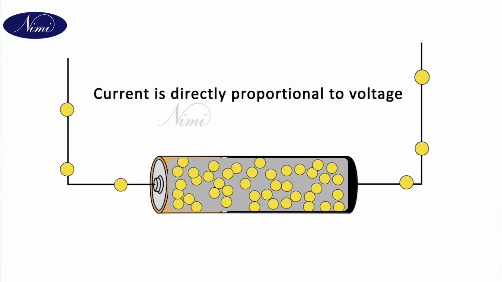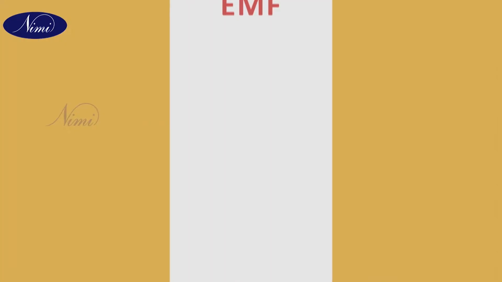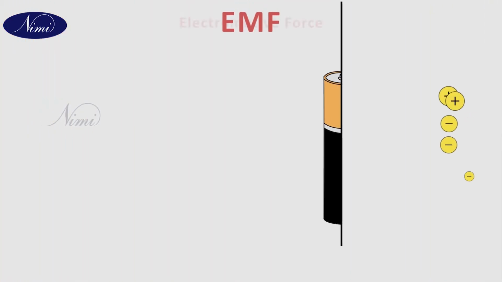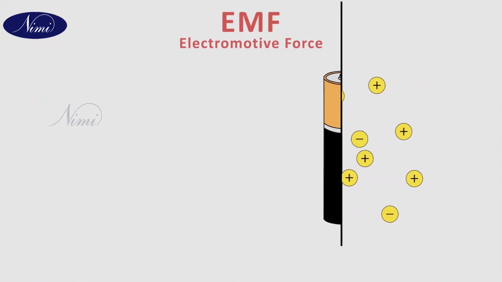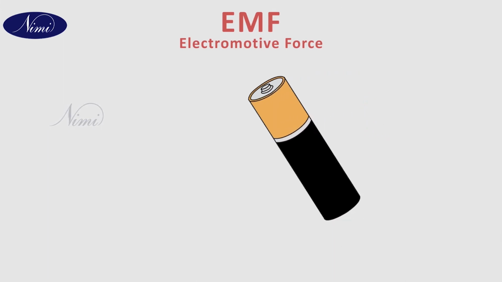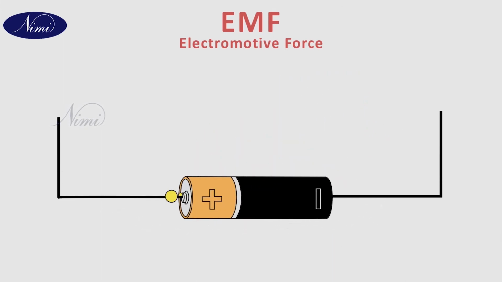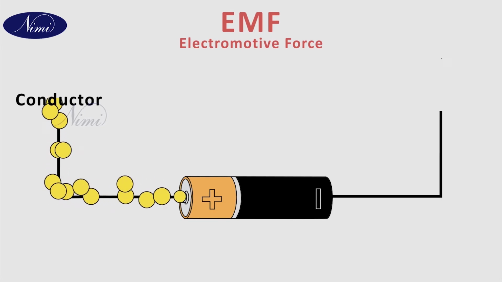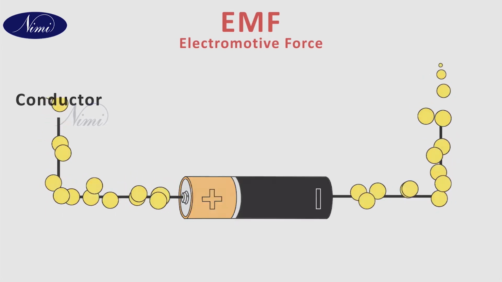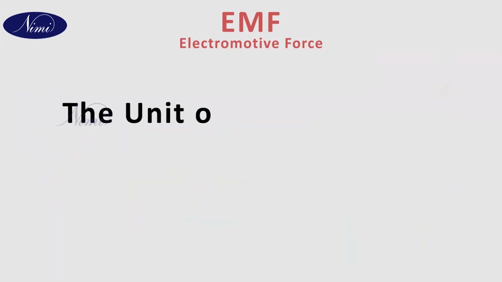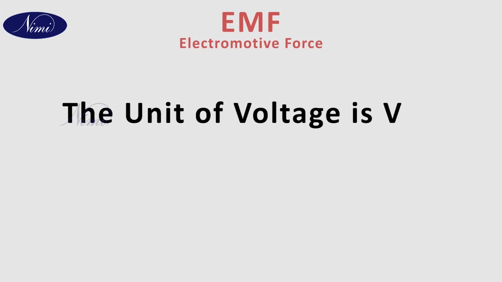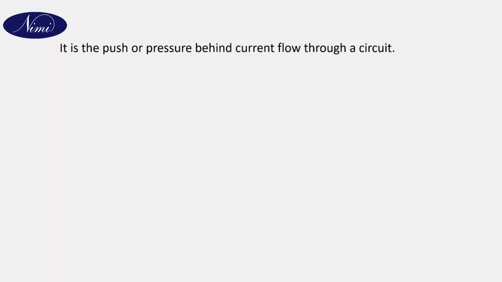Now, let us understand what voltage is. Voltage, also known as EMF, electromotive force, is the force which is required for the movement of electrons in a conductor. The unit of voltage is volt and it is denoted by letter V. It is the push or pressure behind current flow through a circuit.